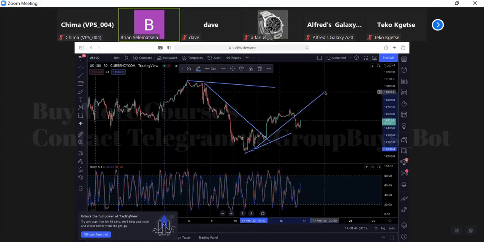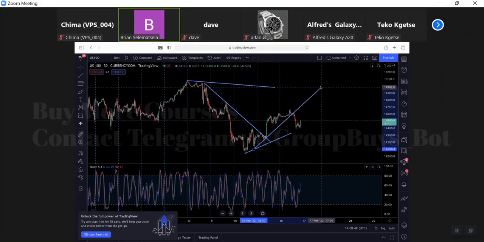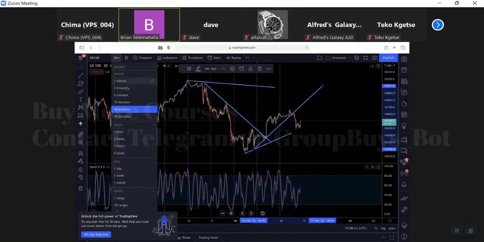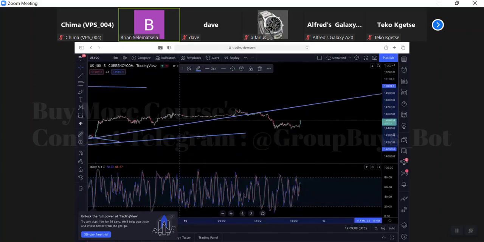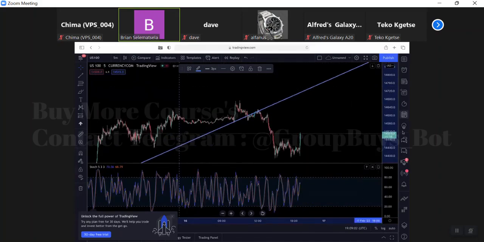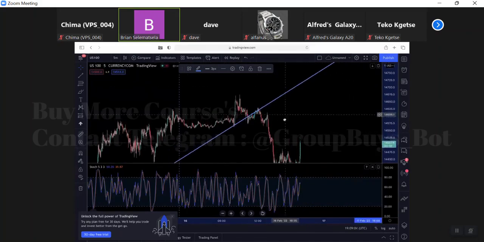So if you would have entered a buy, you would have closed when the market broke there. Now looking at a more detailed form, I want to double check what the market is about to do now.